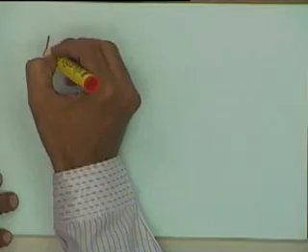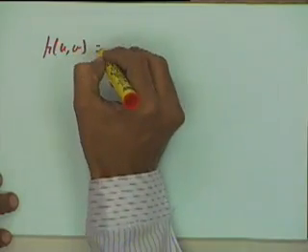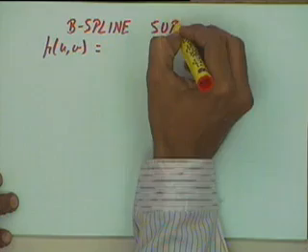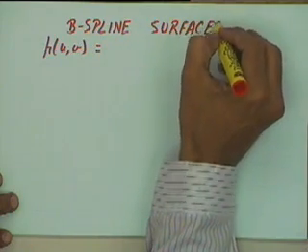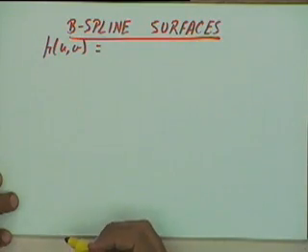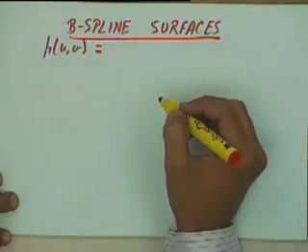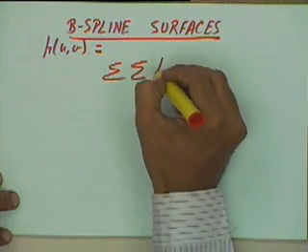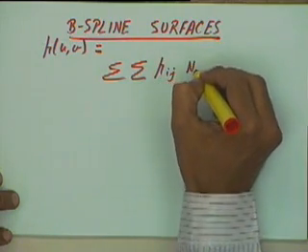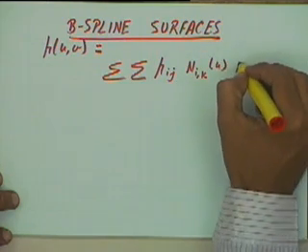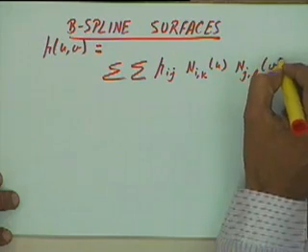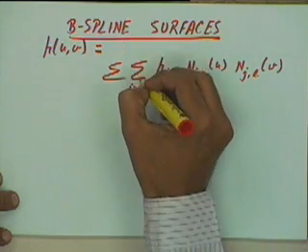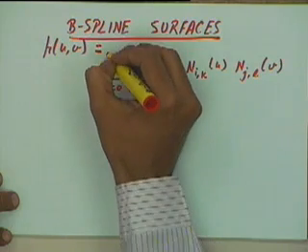If you want to define B-spline surfaces, we will extend the definition of B-spline curves and we will say P of uv will be given by summation in both directions P_ij N_ik of u multiplied by N_jl of v, where i goes from 0 to n and j goes from 0 to m.